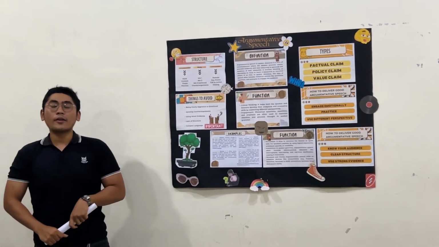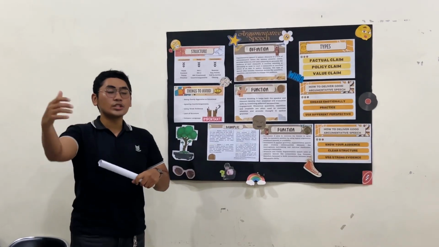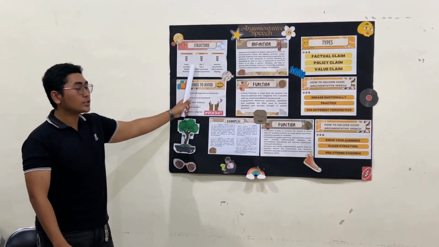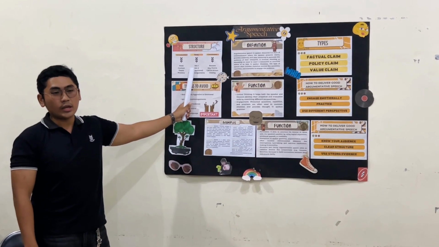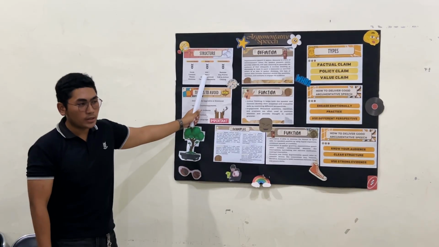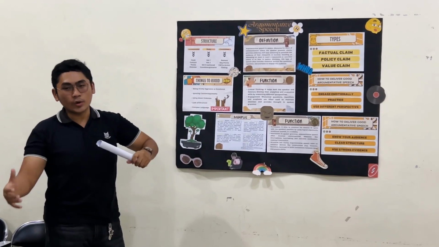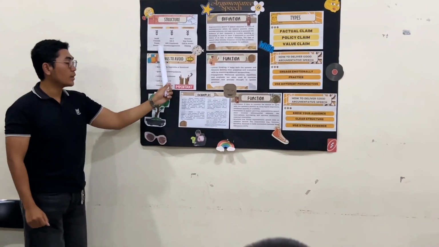For example, like I said before, gender should be equal, and you need to preview the contrast first. And then after that, move on to the main argument that you want to say to the audience, what you want to persuade. For example, you are pro to the topic, you say this is good, what is beneficial, and what are the drawbacks from the con, something like that. And then the third one is optional.